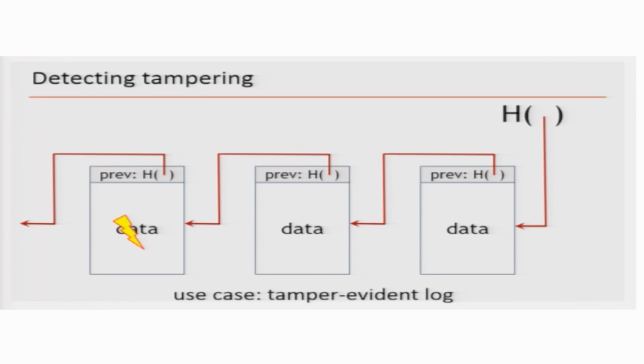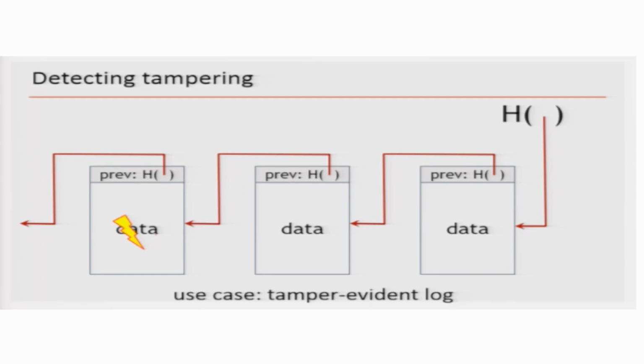This pointer is actually the hash of this entire thing. If you change this data, then the hash of this entire block has to change, and it will be easily evident to somebody who is checking the hash against this. If it finds that this is not matching, then this data has been tampered with.